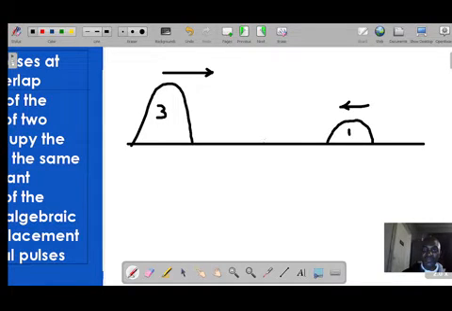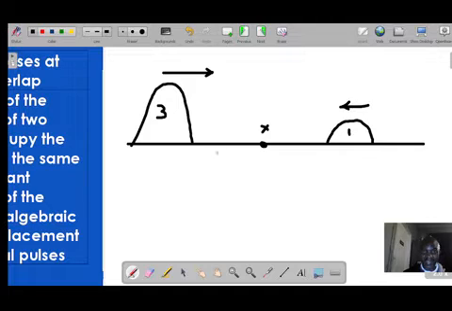Now when these two pulses meet at this point, let me say this is point X, the resulting amplitude is given by the principle of superposition, whereby we simply add this 1 plus the 3. So what is 1 plus 3? It gives us 4.